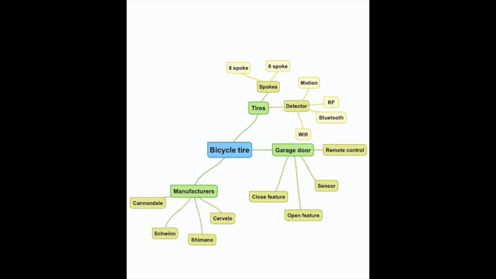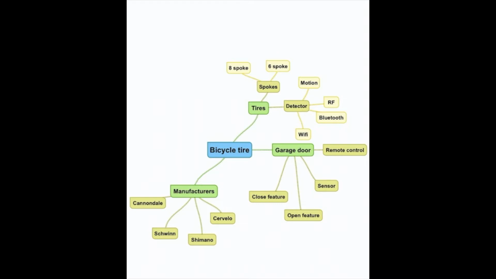Okay, so that's our innovative concept, for example. So for this particular example, we have a bicycle tire that has the wheels that have the sensors and the detectors. So I'm going to brainstorm this particular idea or an innovative concept.